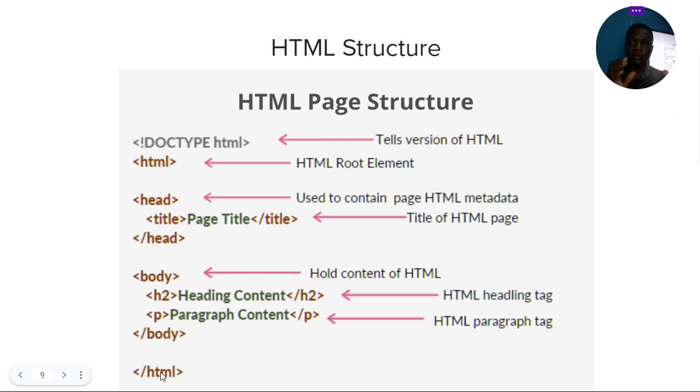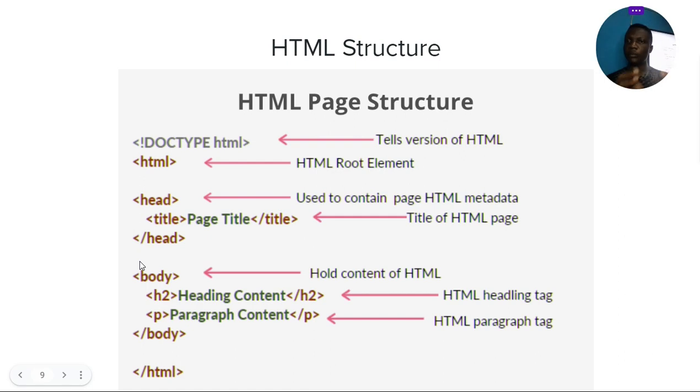Each HTML tag must be opened and closed, although there are some tags that don't have closing. Every other part of the page must be within the HTML tag. You can see this is the opening tag, this is another one, and for the closing tag, there has to be a forward slash in the front.